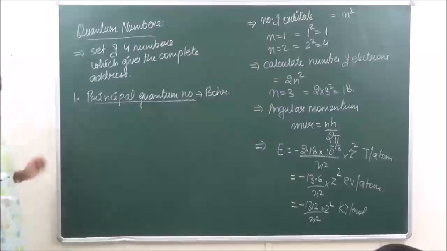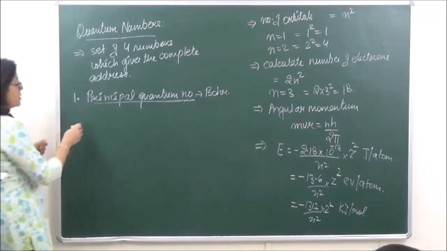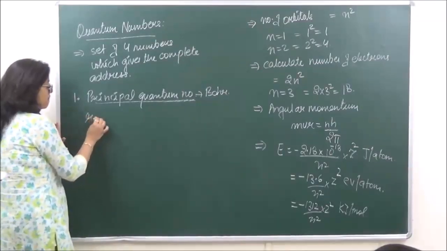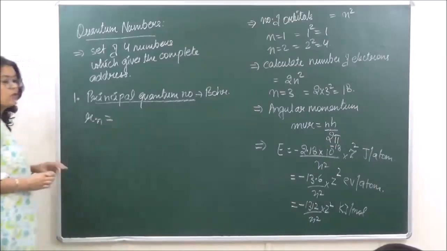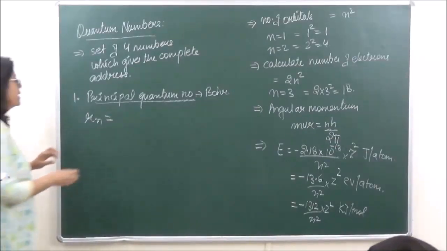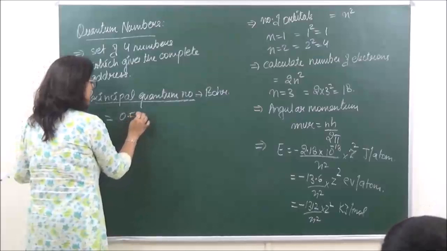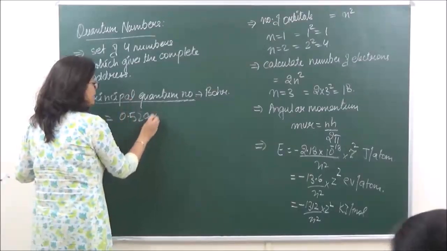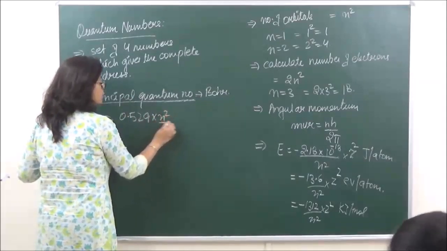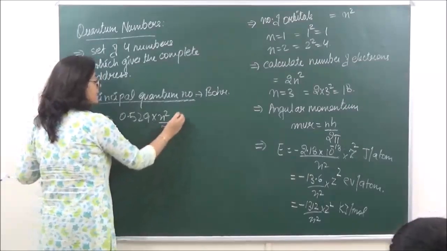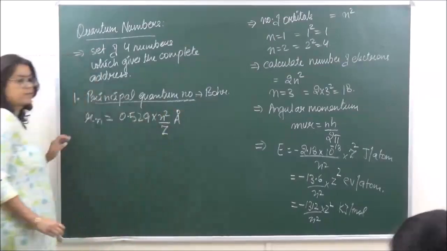Then the principal quantum number also gives us the radius of the nth orbit, which is given by 0.529 into n square upon z angstrom.